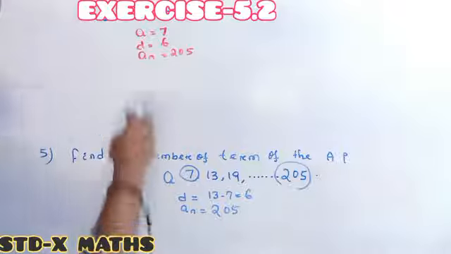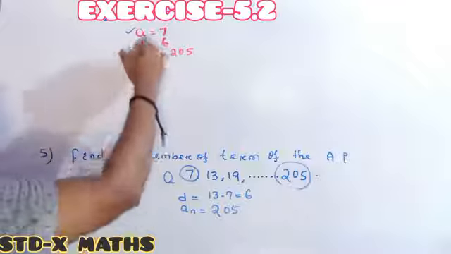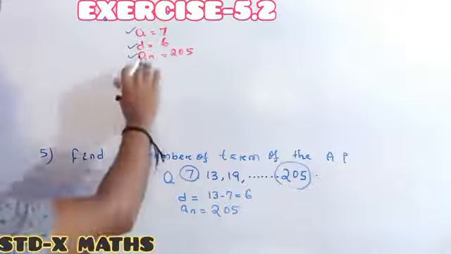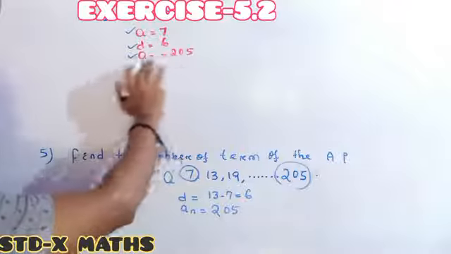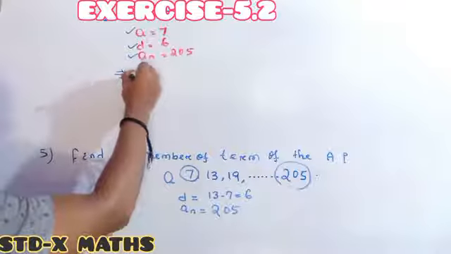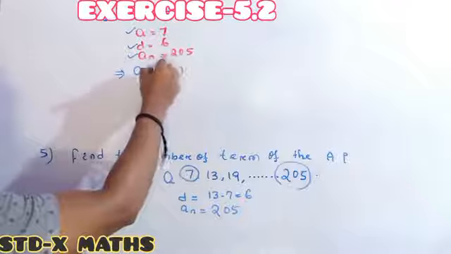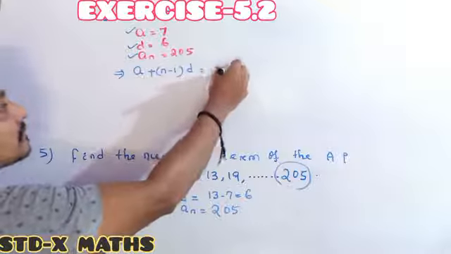See, so A is given, D is given, AN is given. So it is asked that you have to find out n. How to find out n? I said always you have to put it in this equation. AN is equal to 205. It implies A plus n minus 1 whole into D is 205.